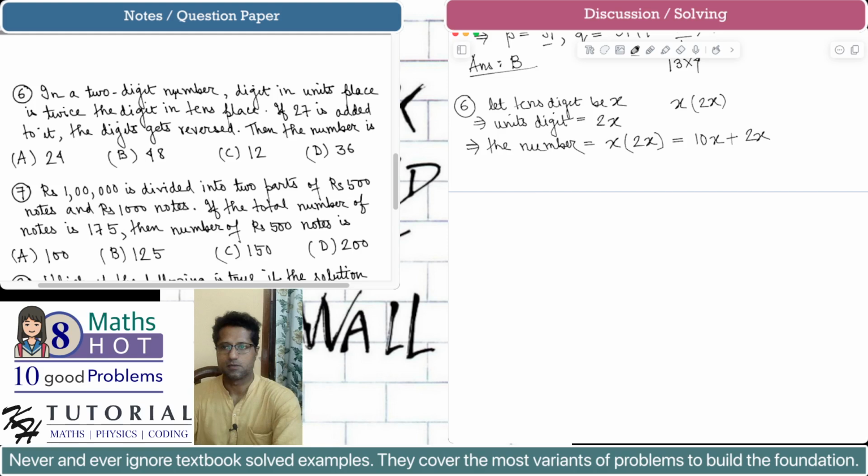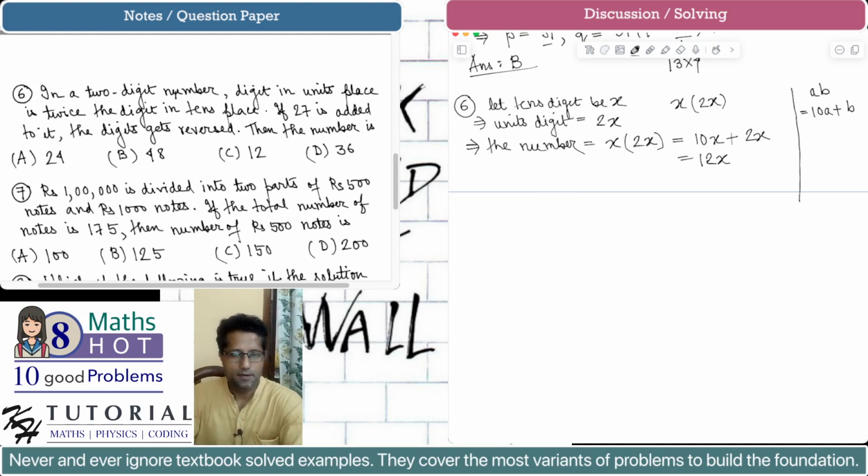As we know, in a two-digit number of the form AB, where B is the digit at the units place and A is the digit at the tens place, in the expanded form it is 10A plus B. So the number will be 10x plus 2x, which is 12x.